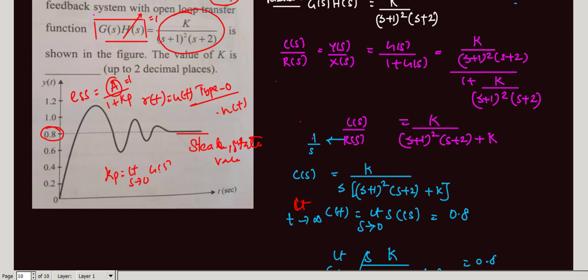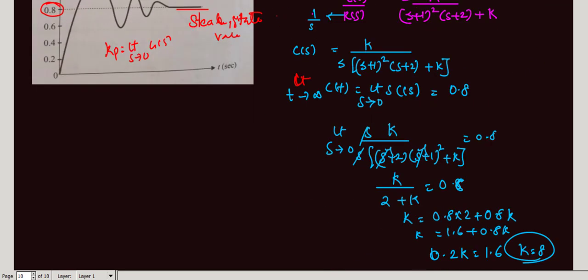Steady state error is limit s tends to 0 of s into R of s by 1 plus G of s. But how can I solve from this?